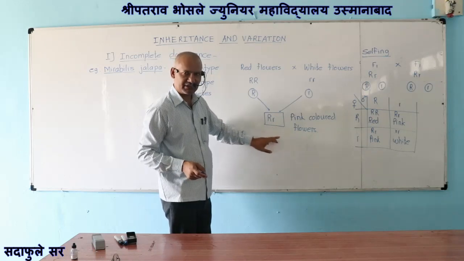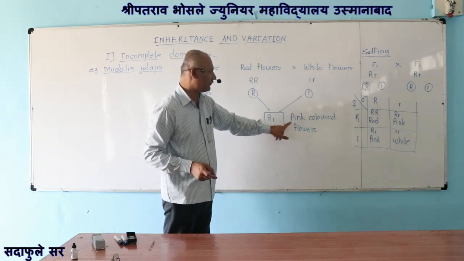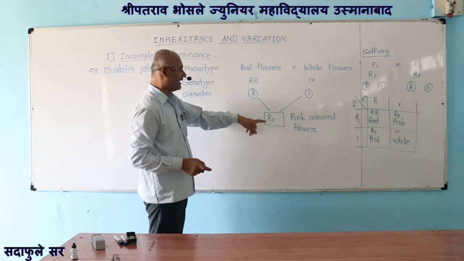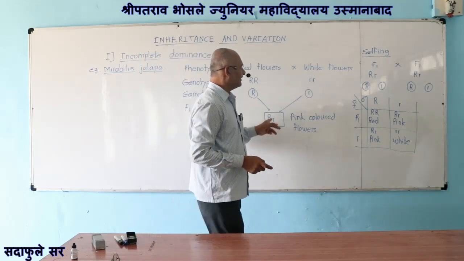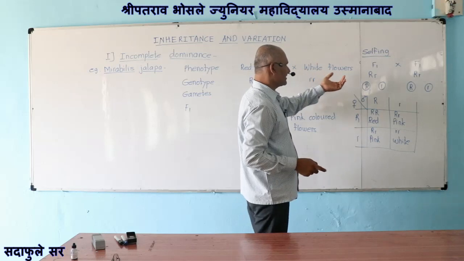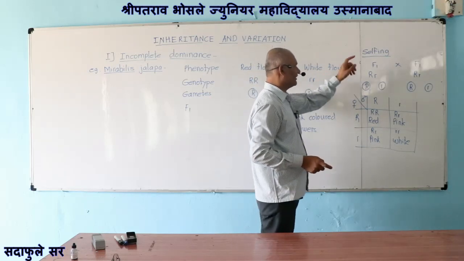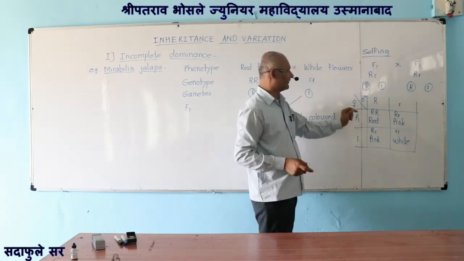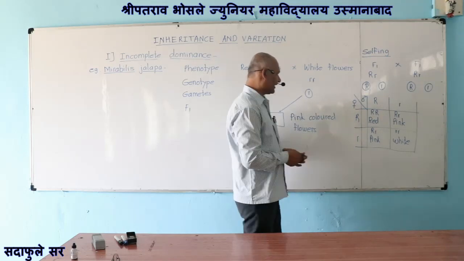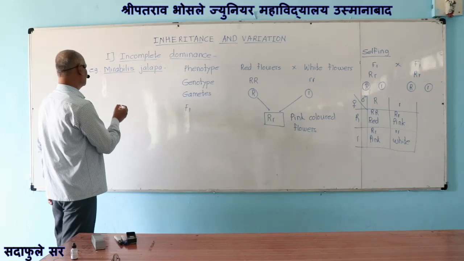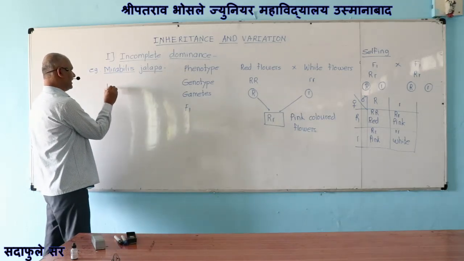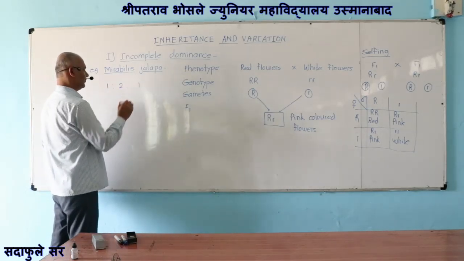In F1 generation, all individuals are with pink colored flowers and the expression is intermediate. When we cross these F1 individuals, or when we carry out selfing, then we obtain these plants in the ratio 1:2:1.